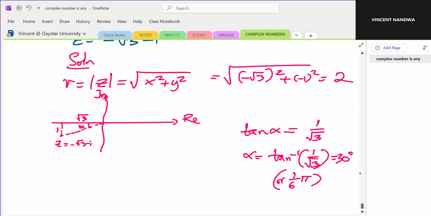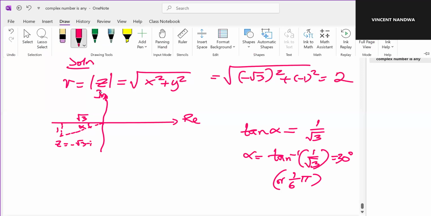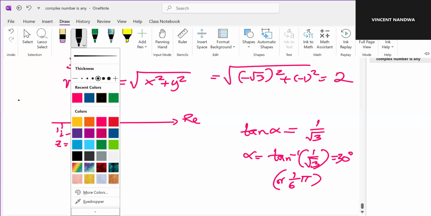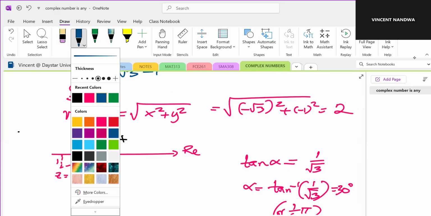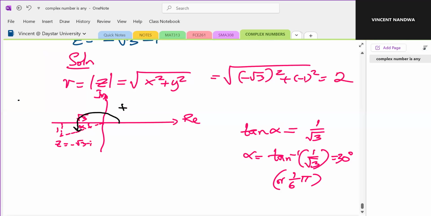Now, there are two ways of actually defining your theta. You can decide to make it a positive angle, if you use this direction, then theta will be positive. But if you want to restrict the angle to be between minus 180 to positive 180, then you use this direction, and this will be minus.